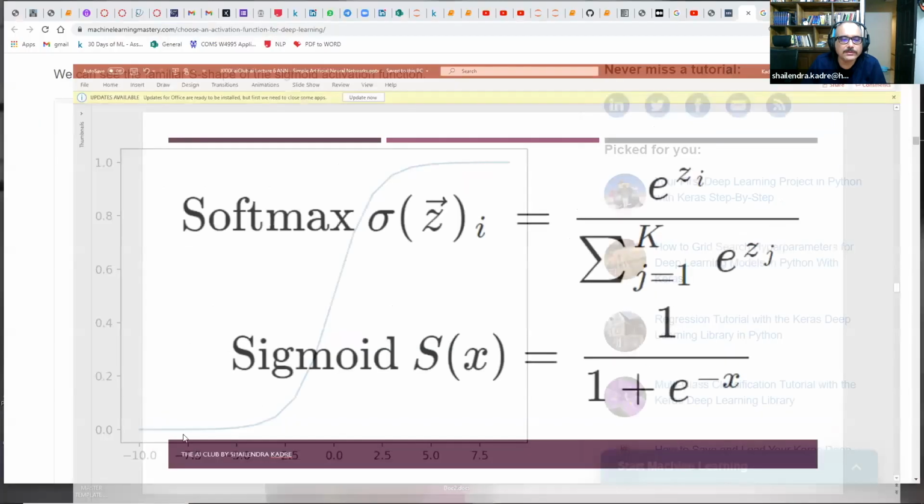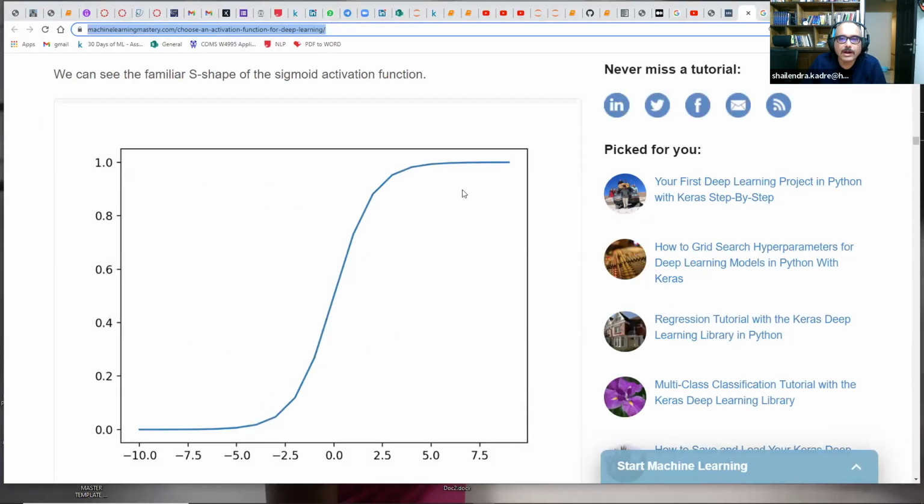Sigmoid looks like this. Minimum value is 0 and the maximum value is 1. And in between we have an S curve, always varying between 0 and 1. In between we have probability values like 0.2, 0.3, 0.4, 0.6. It is very close to the step function, but it is not a step function. It is a slightly distorted step function.